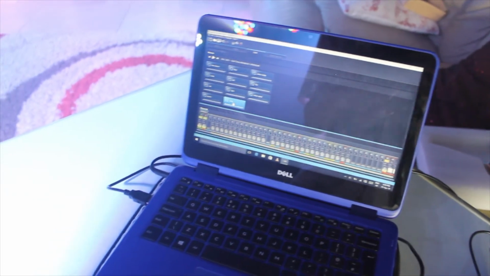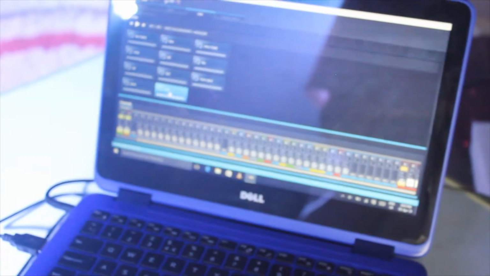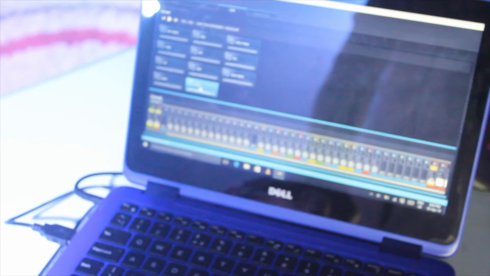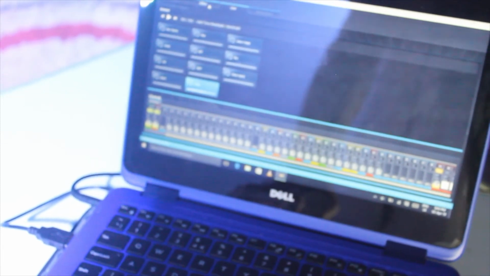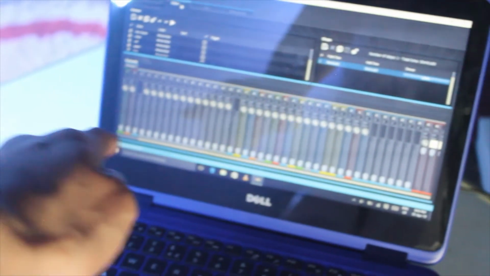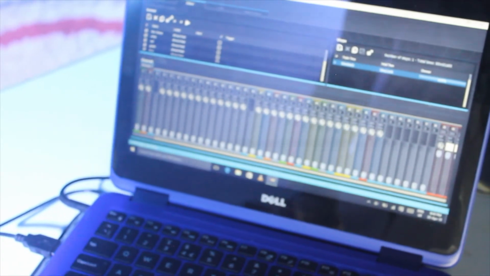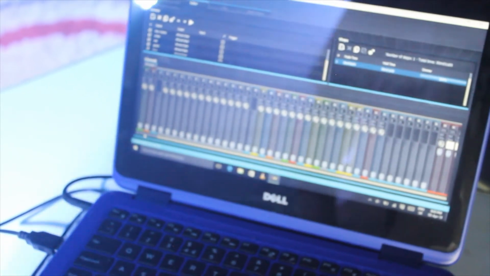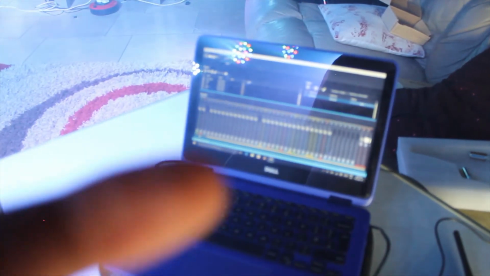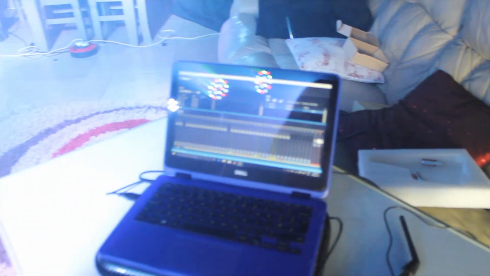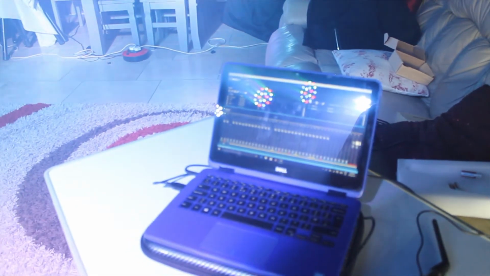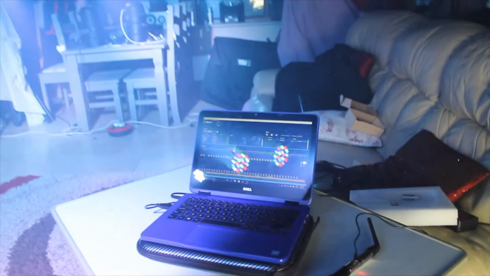It's possibly one of the easiest, because, let me just go into the editor here, it's got all 512 channels of DMX. 512 is basically one universe, so it's one of the easiest controllers out there.